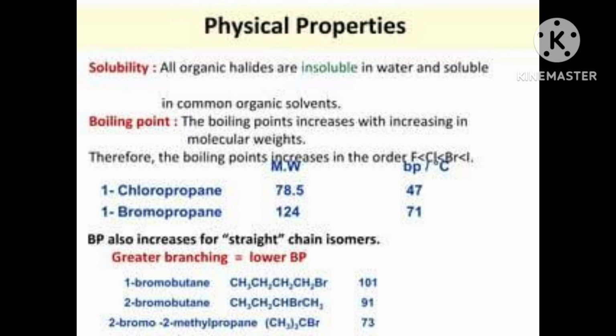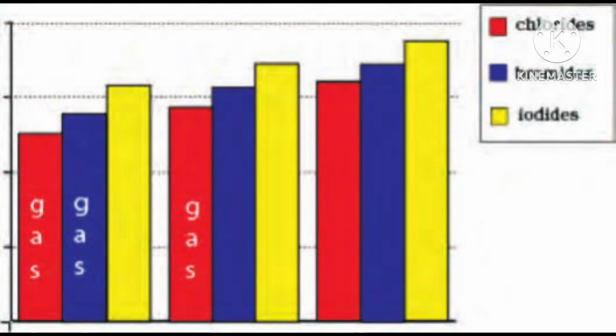Nu will go there and X will go out, and in X's place Nu will attach. The new bond C-Nu will be formed and X will be displaced as X minus, meaning halide ion.